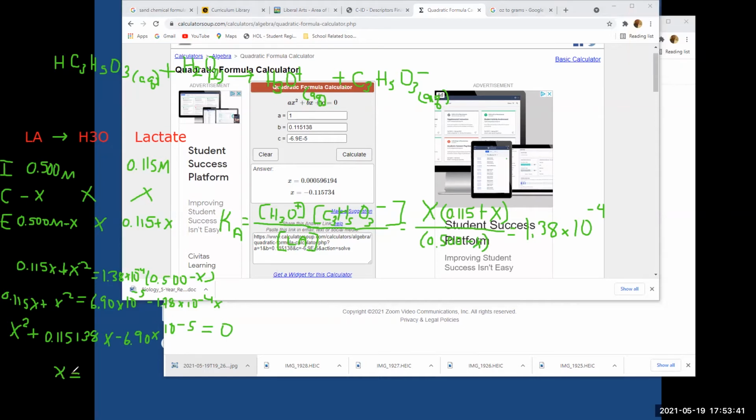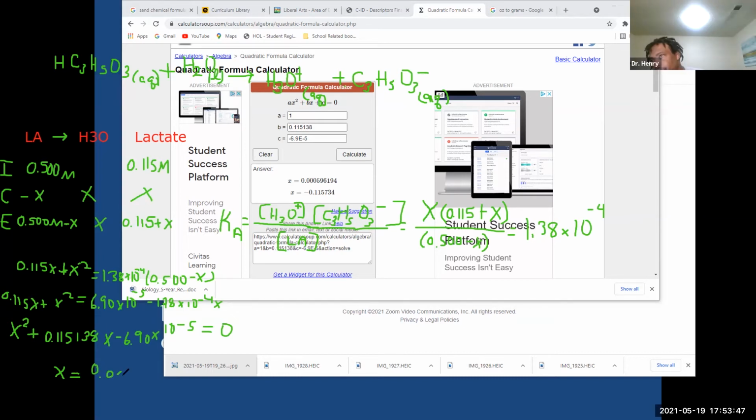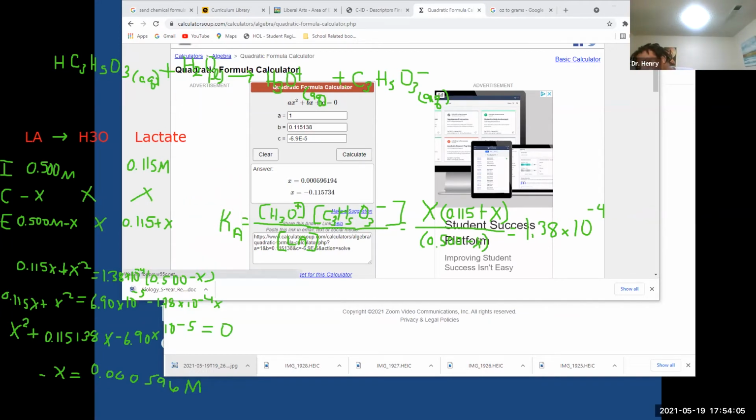The positive one. 0.000596 molar. And that's also going to equal the concentration of the hydronium ion.